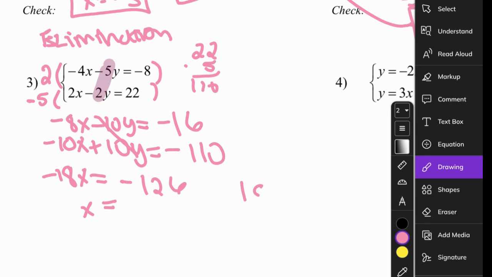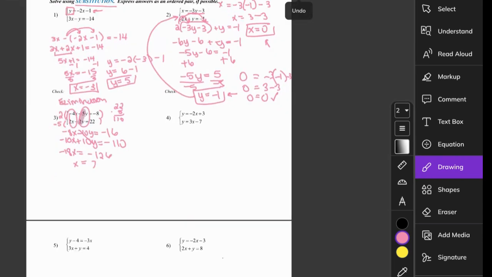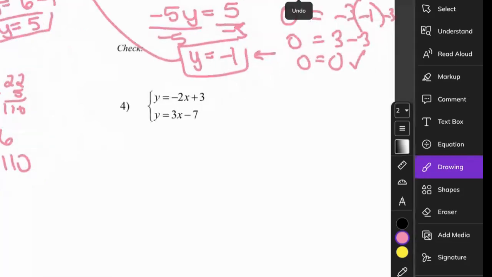I think it's 7. Yeah, it's 7. Anyways, that just shows that you can manipulate either variable. It does not matter. You'll still arrive at the same answer, and then you'll plug it back in.